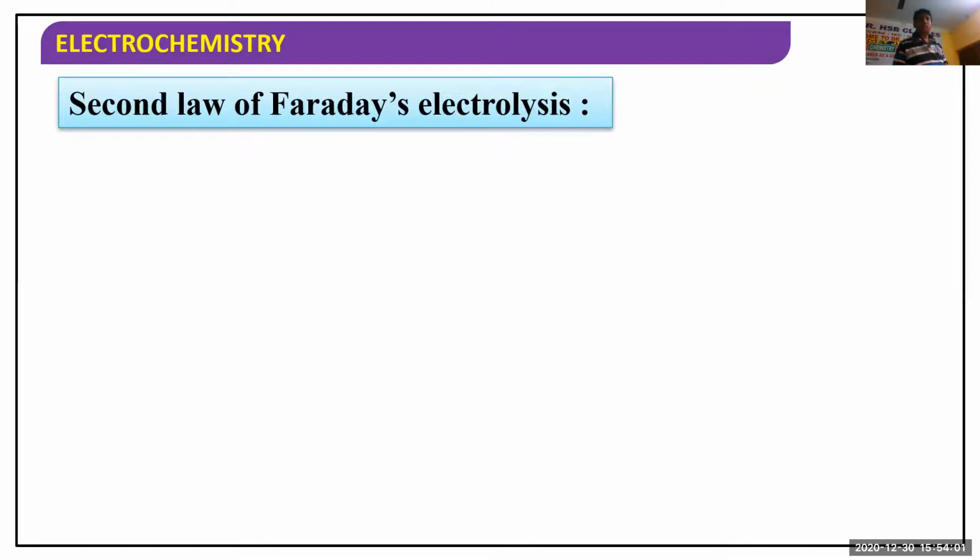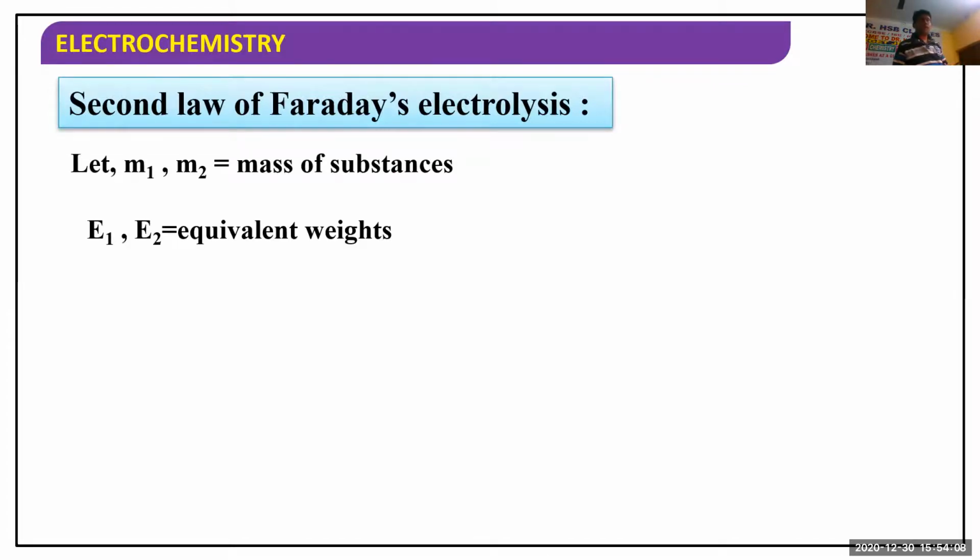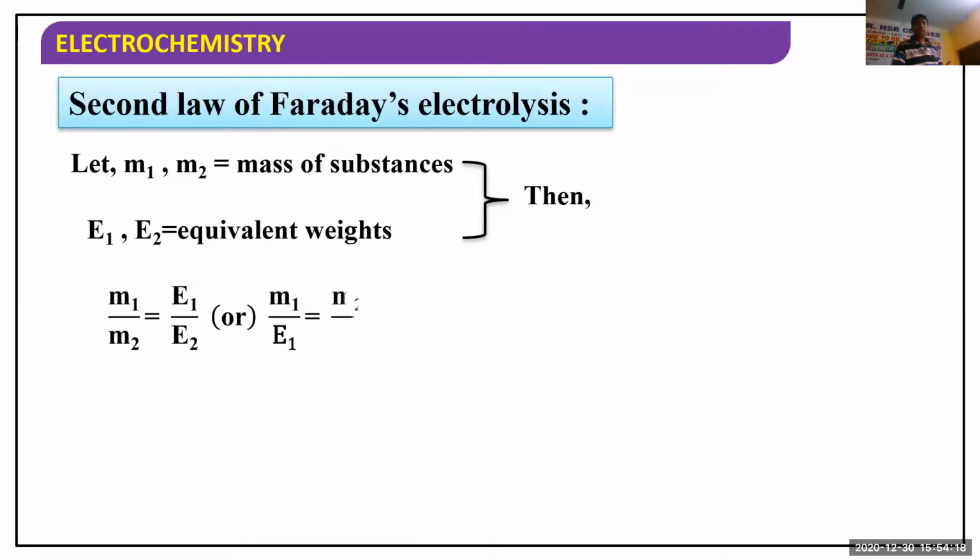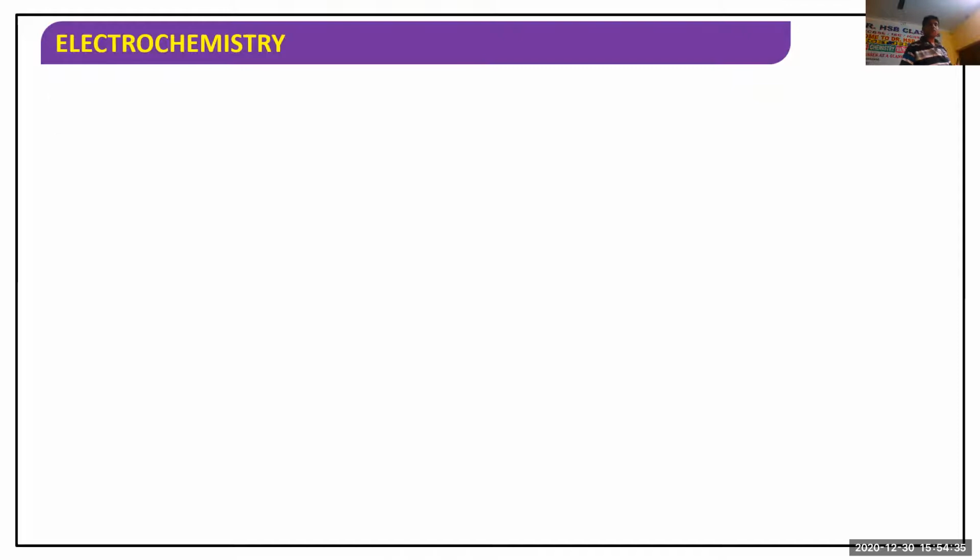Let M1 and M2 be the masses of substances deposited at the cathode or anode, and E1 and E2 the equivalent weights. Then we can say M1 by M2 equals E1 by E2. Actually, the mass is directly proportional to the equivalent weight. This is the second law.